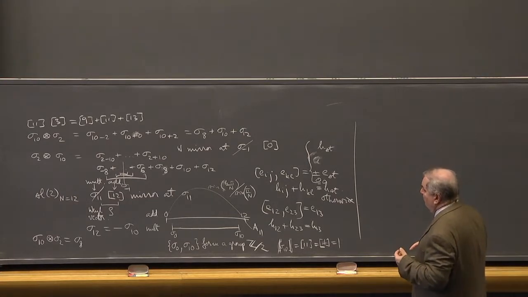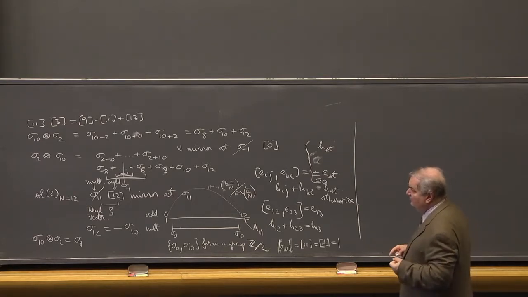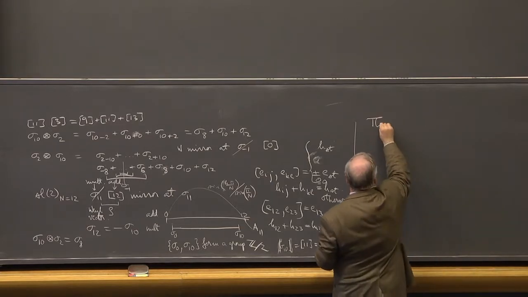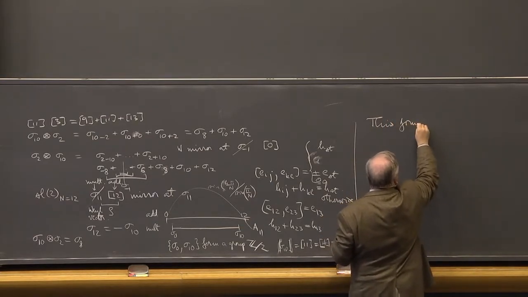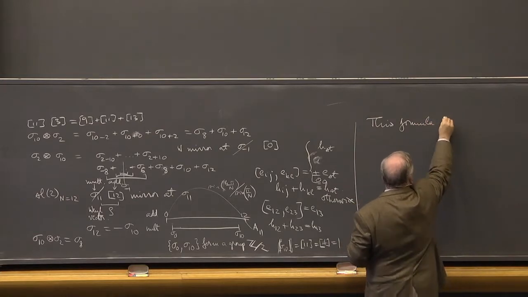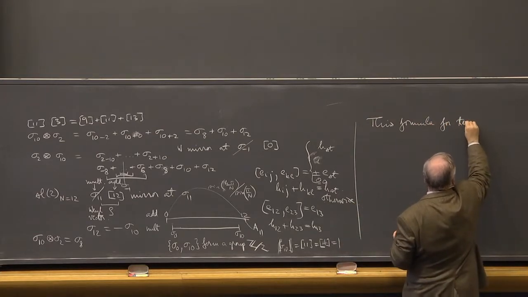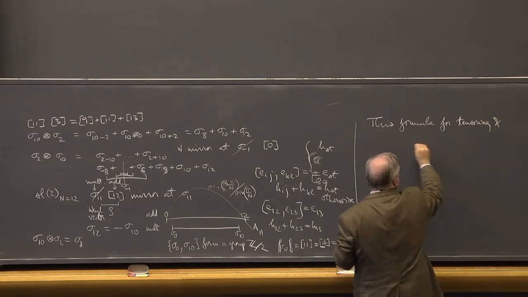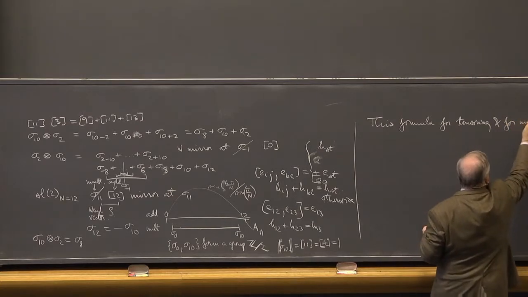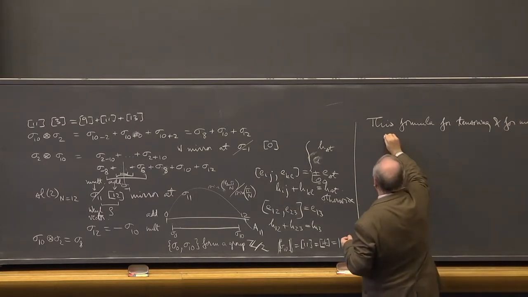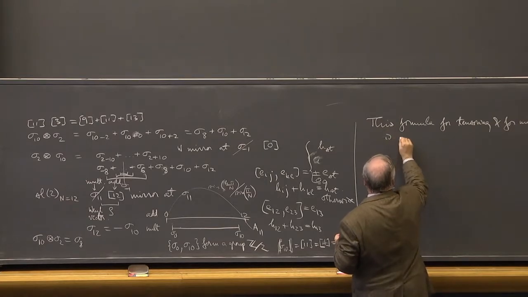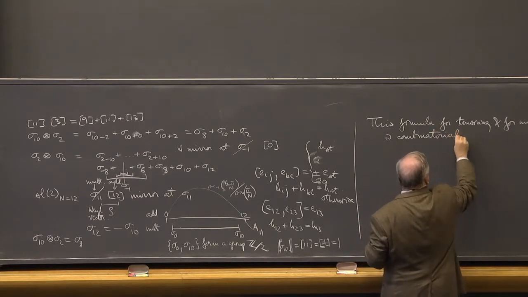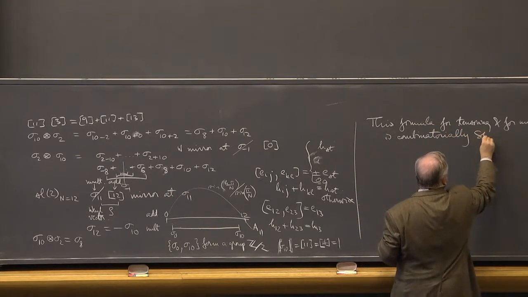But all of these, so the constant formula in particular, involve, so this formula for multiplicities for tensoring and for multiplicities is combinatorially subtractive.